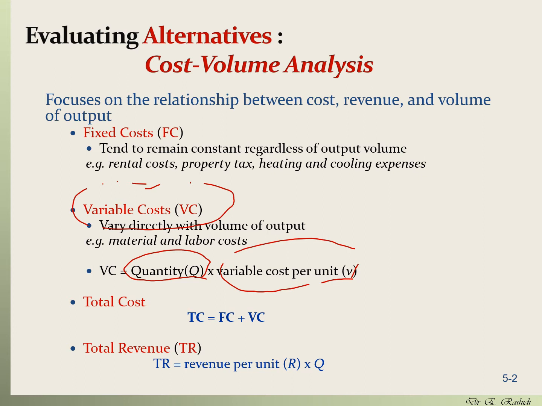If you want to produce n items, then the cost would be n multiplied by v. Or here, if you want to produce q, the quantity that you want to produce, the variable cost would be q multiplied by v, the cost per unit. And the total cost here is a function of a summation of both these costs, the variable cost and the fixed cost.